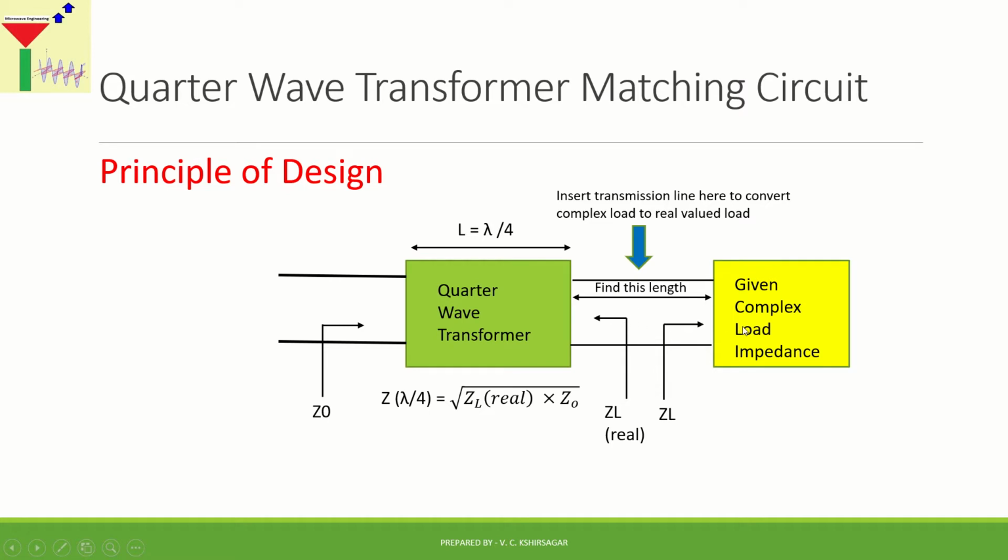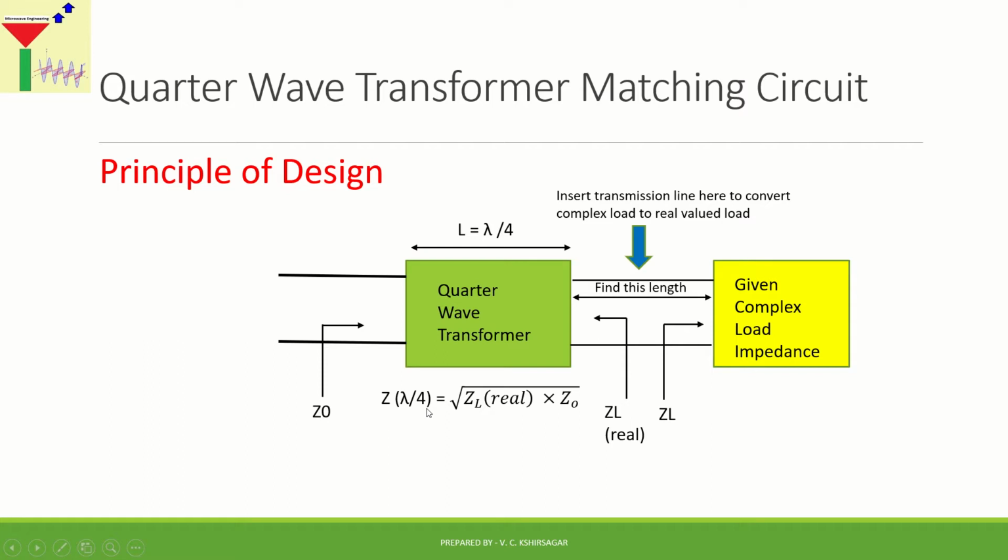Okay. So this complex value of load impedance, that is ZL, will get converted into real value of load impedance, which is given by ZL real. Now this impedance is taken, and the characteristic impedance of a quarter wave transformer is then calculated. How is the quarter wave characteristic impedance given? It is given by Z of lambda by 4.